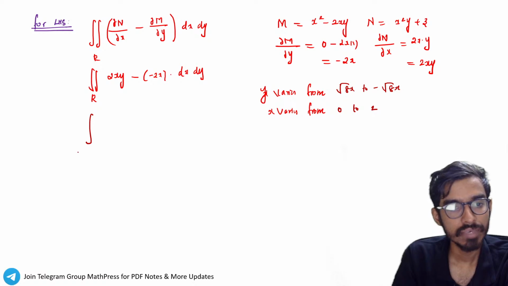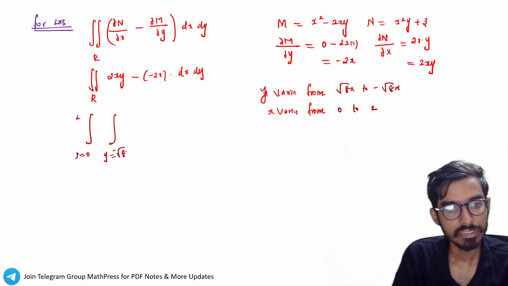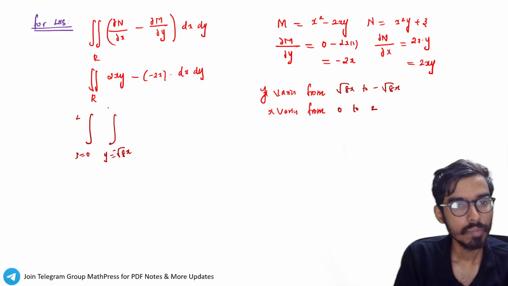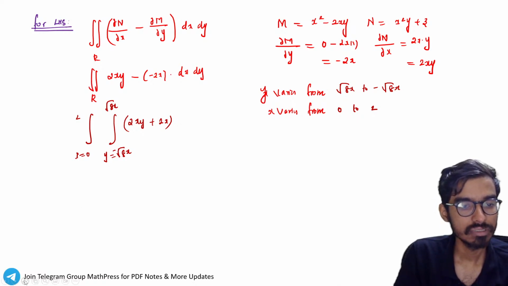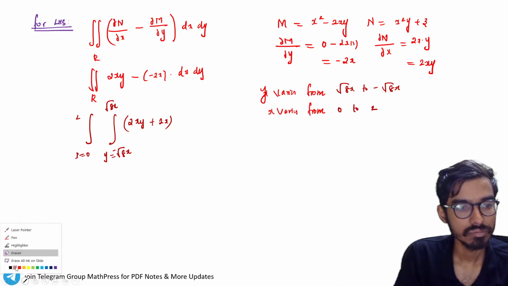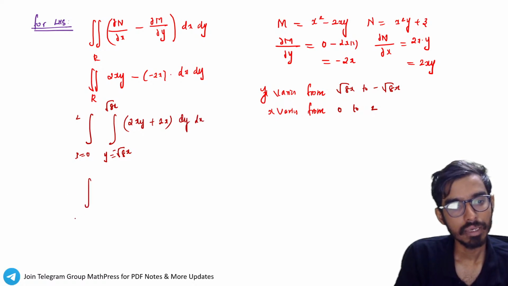Therefore, x varies from 0 to 2, y varies from minus root 8x to plus root 8x, of 2xy plus 2x, dy dx, right? First we are taking the y limits, so dy dx. x varies from 0 to 2.